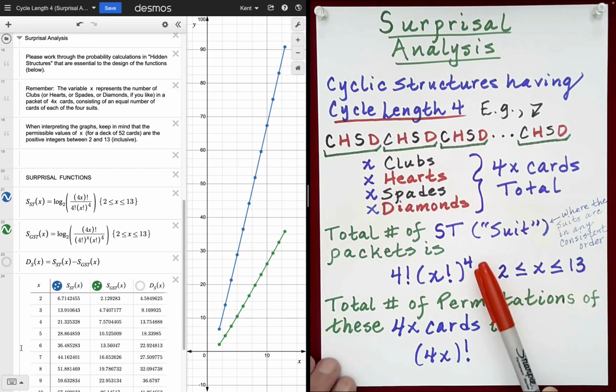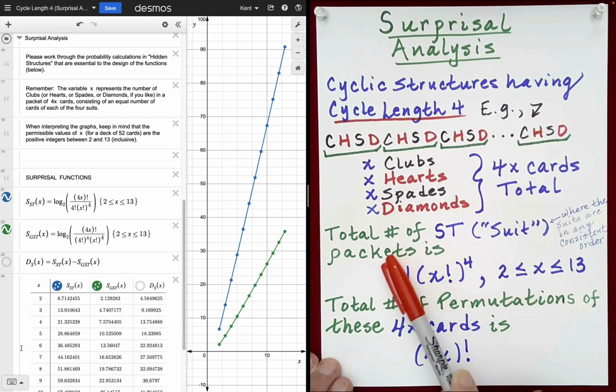So this truly does give, for a given value of x in this range, the total number of distinct orderings of a packet of 4x cards where the suits repeat in some consistent fashion.